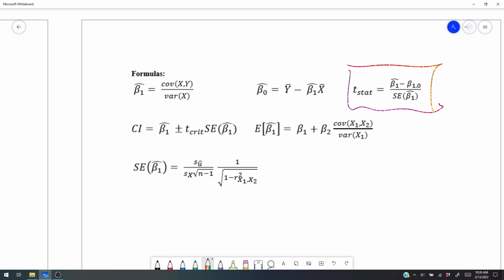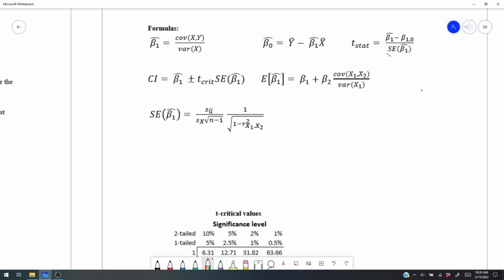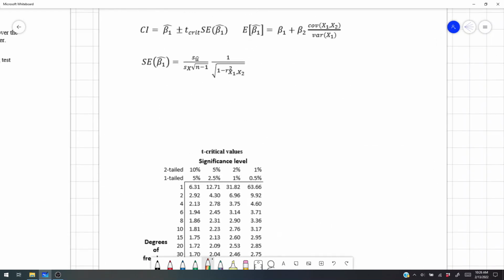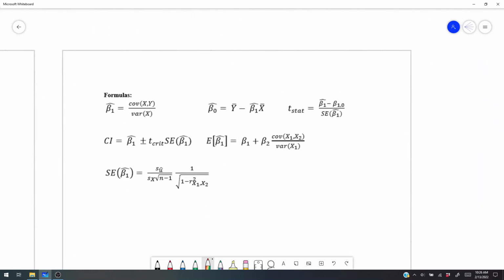The recipe for a t-stat involves the estimated slope coefficient straight from Stata or your favorite software, and then it involves the estimated standard error, which is also going to be straight from Stata or your favorite software right here. Okay, those two things you can just drag right out of the computer's output.